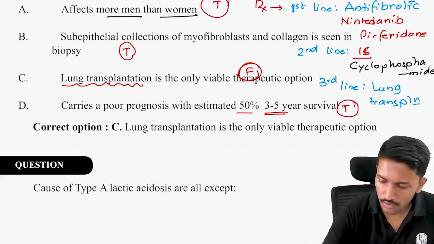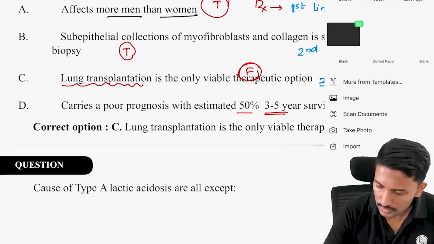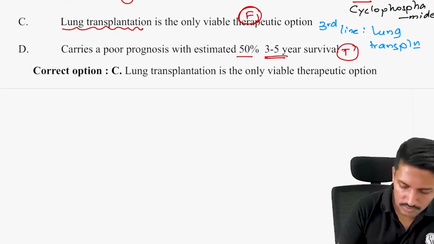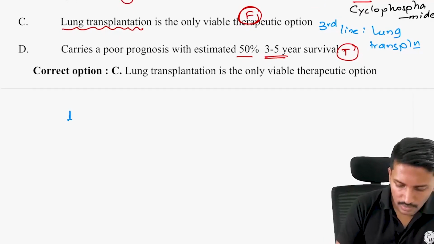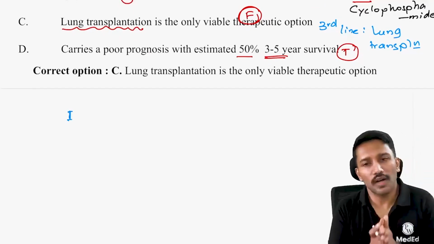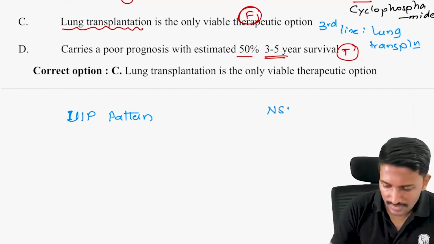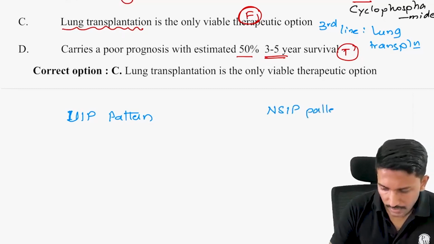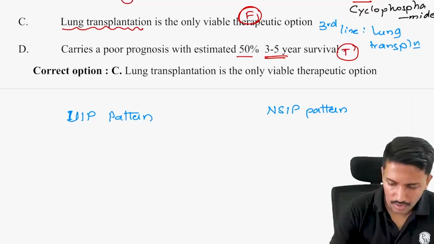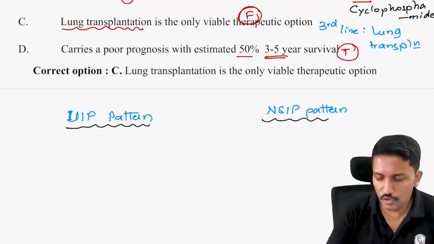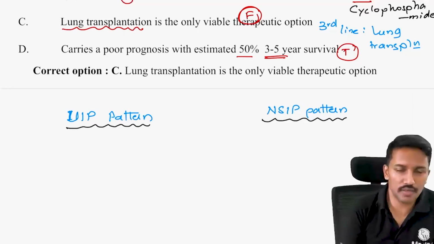Now, when we talk about idiopathic pulmonary fibrosis, we have to remember that there are two broad patterns of ILD. One is called the UIP pattern and the other one is called the NSIP pattern. This is basically a histopathological and radiological patternization.